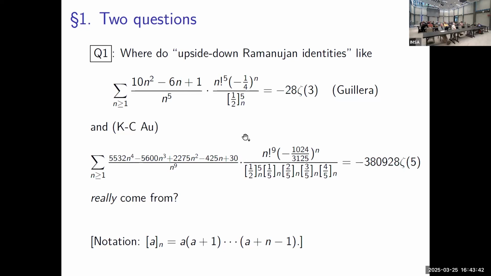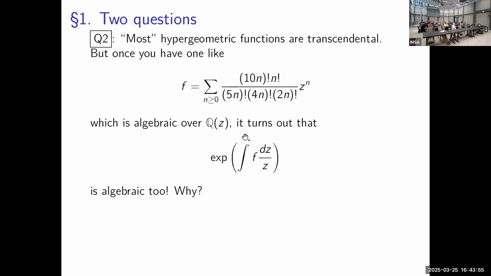For those not familiar with the Pochhammer symbol, they're just the rising factorials. (a)_n is a times a plus 1, up to a plus n minus 1. And then the second question that I'd like to ask is, well, most hypergeometric functions are transcendental.